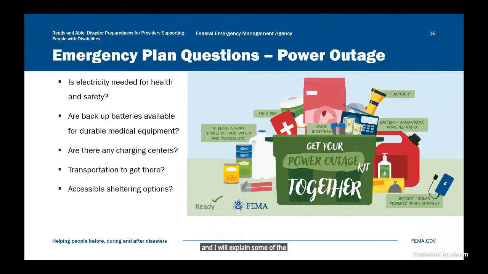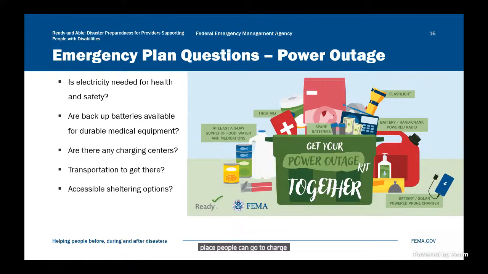Sometimes when there's a power outage, local emergency management agencies and first responders will set up something called a charging center. That's a place people can go to charge wheelchair batteries or things that may be life sustaining for people with disabilities.